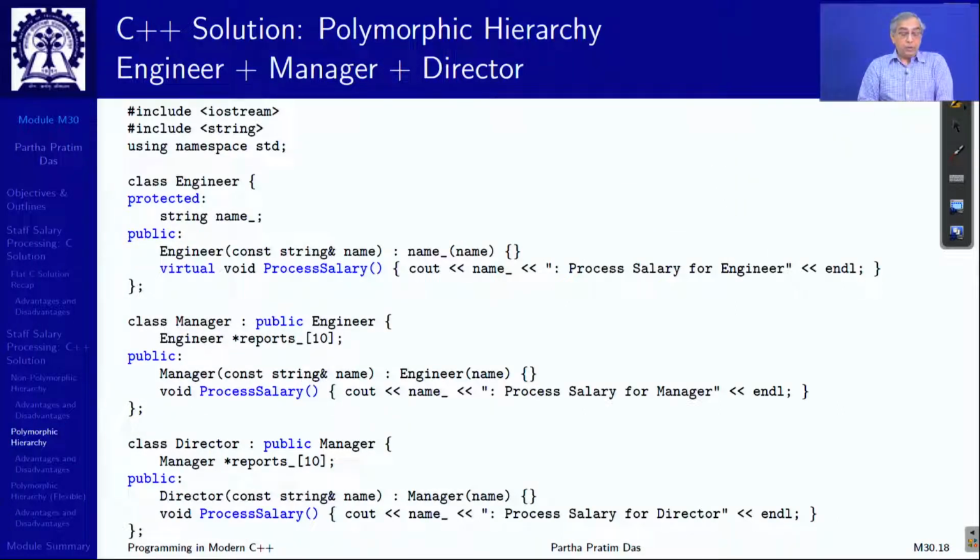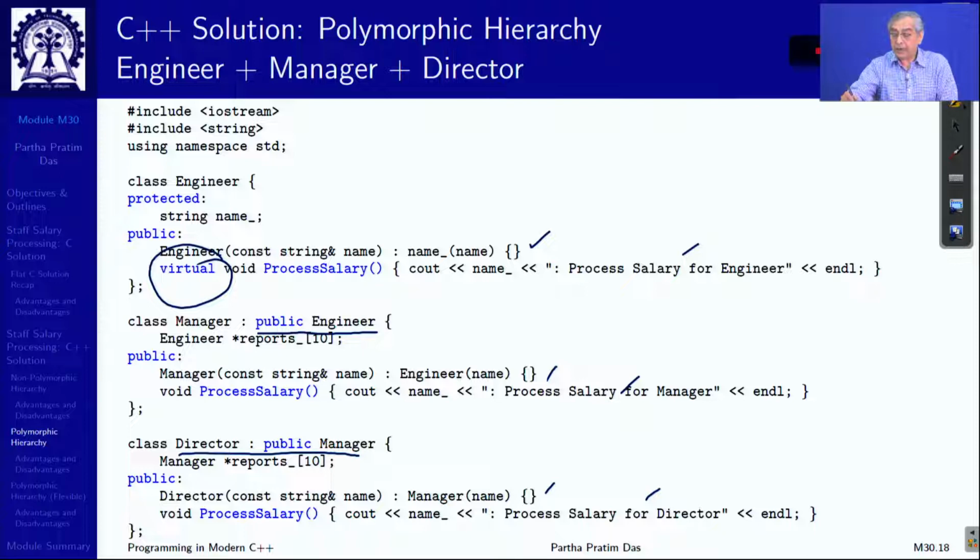Okay. So, now this entire E-type stuff is gone. We have the hierarchy, manager is an engineer, director is a manager, every constructors, processing functions, everything. The polymorphism comes through making the process salary virtual in the base class, root class engineer.